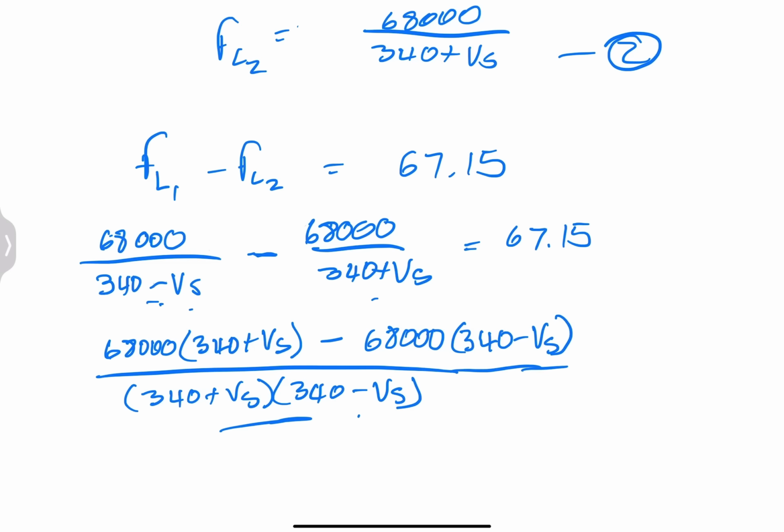Now, ladies and gents, because this is not a maths session, I'm not really explaining as much as I should, but just remember, when you do fractions, you always say LCD divided by the denominator in the first fraction, right? So you see that this and that would cancel, and you'd be left with 340 plus Vs. But then you multiply that into the numerator, and that's why we have that.